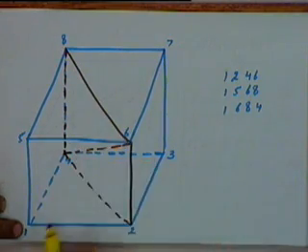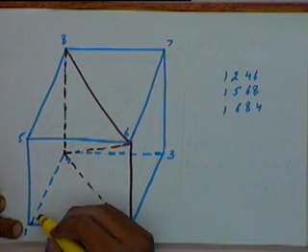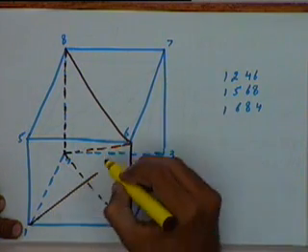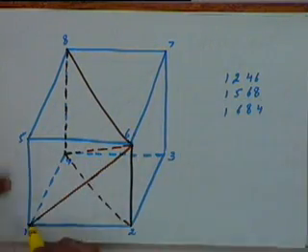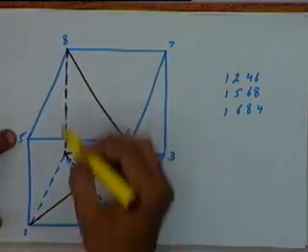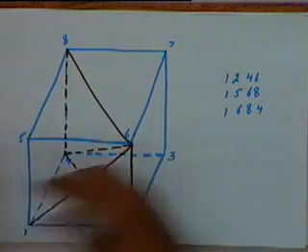so this tetrahedron 1, 2, 4 and 6 is one tetrahedron, and then 1, 5, 6 and 8. So I join this.